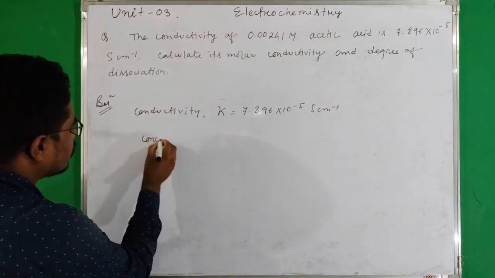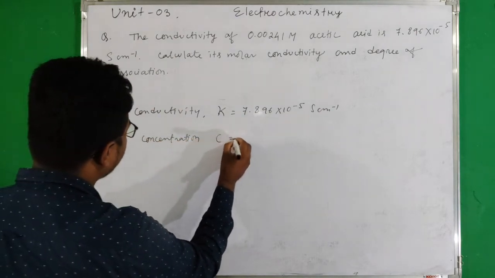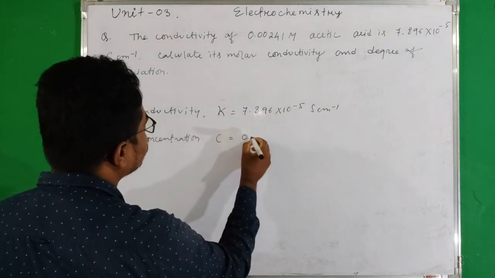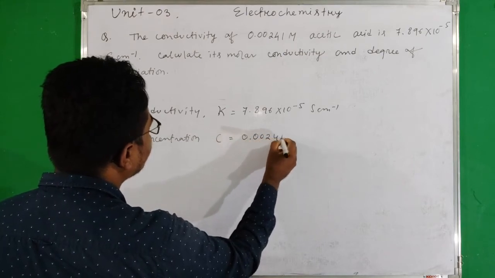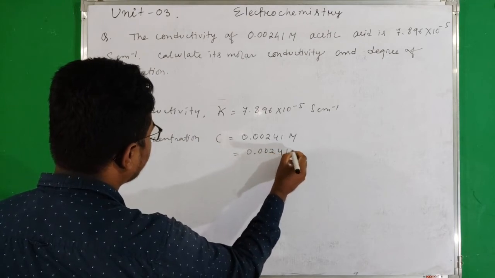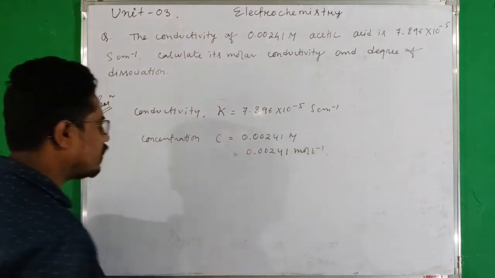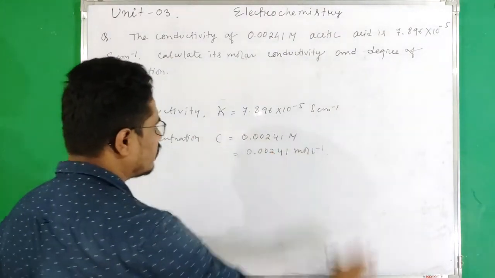And the concentration is also given, C is equal to 0.00241 molar, equal to 0.00241 mole per liter. Okay, molar means mole per liter.